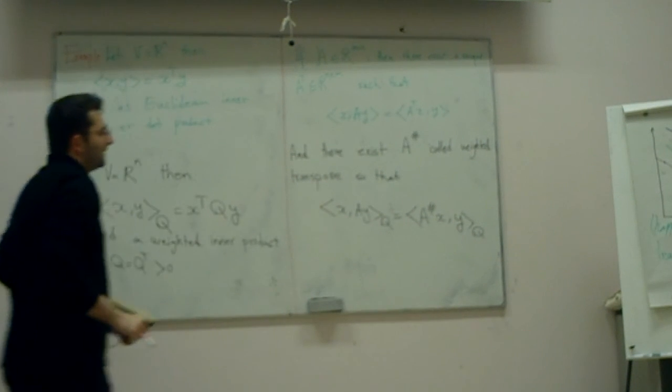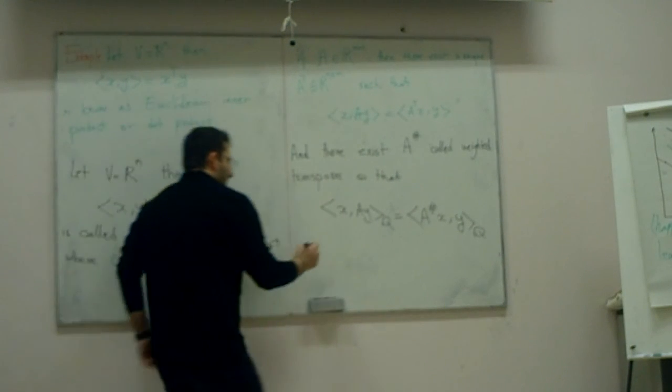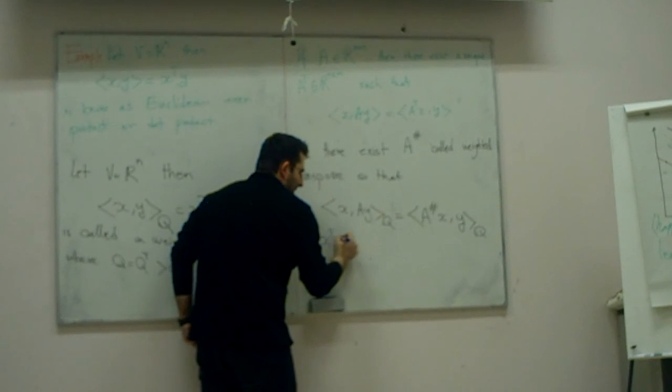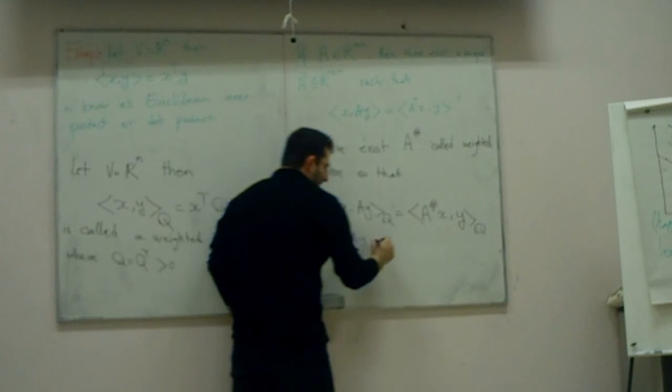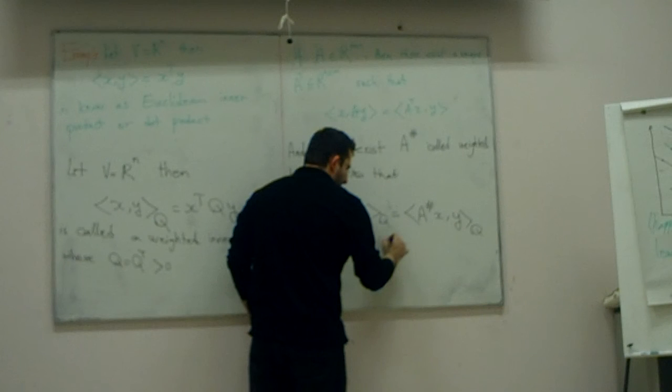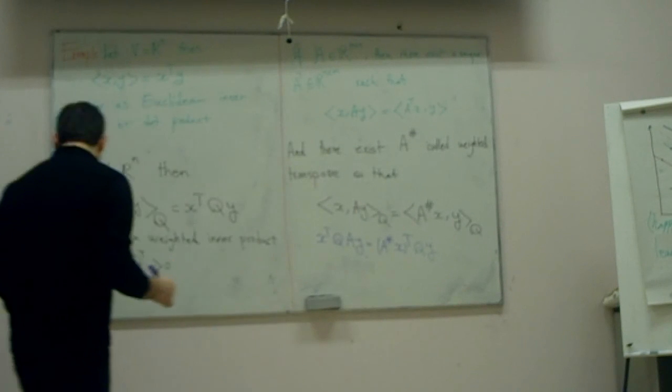What is this? x A y. It means it's x transpose Q A y, and this one is A hash x transpose Q y.